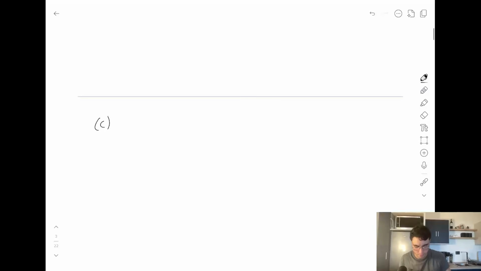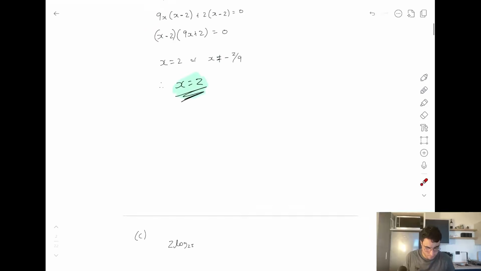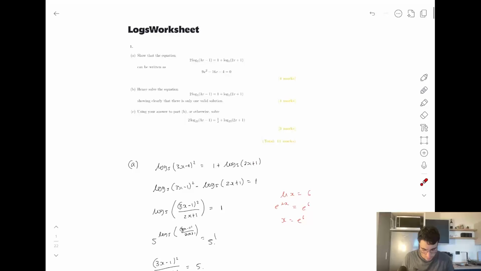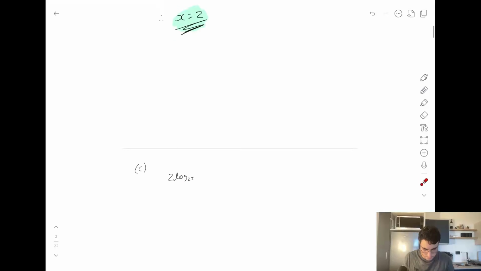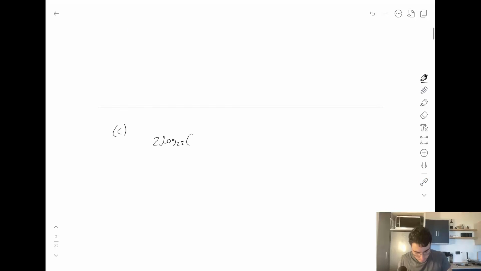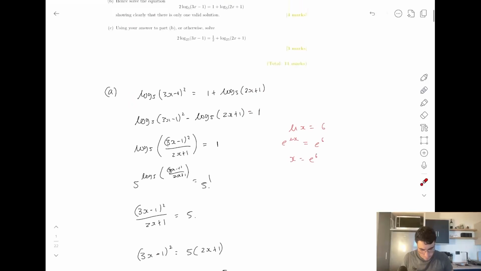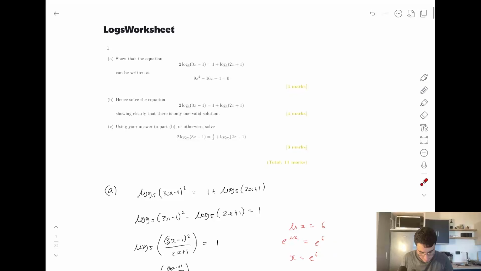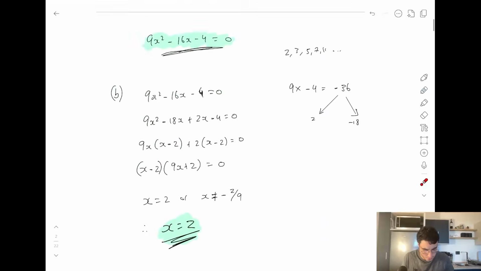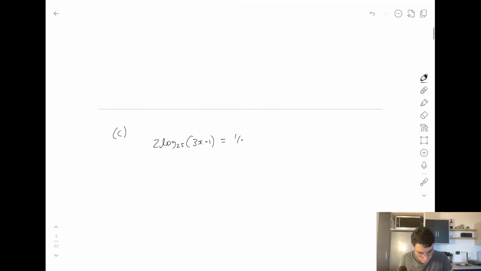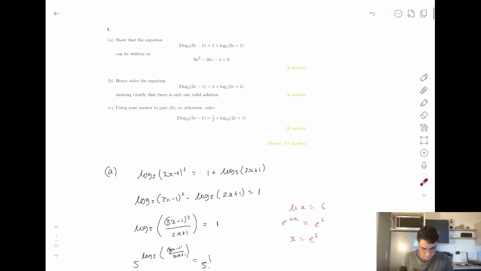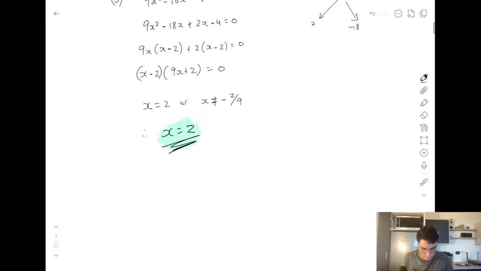So they want us to solve 2 log 25, 3x minus 1, is equal to a half plus log 25, 2x plus 1.